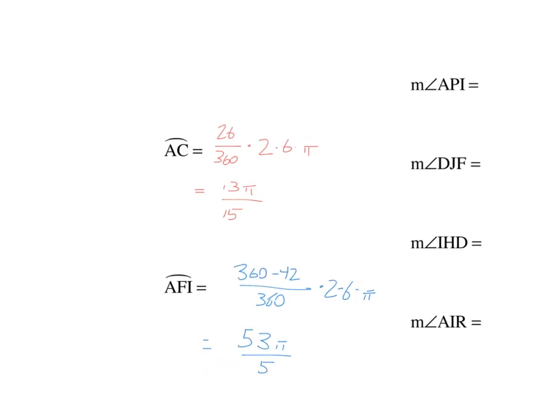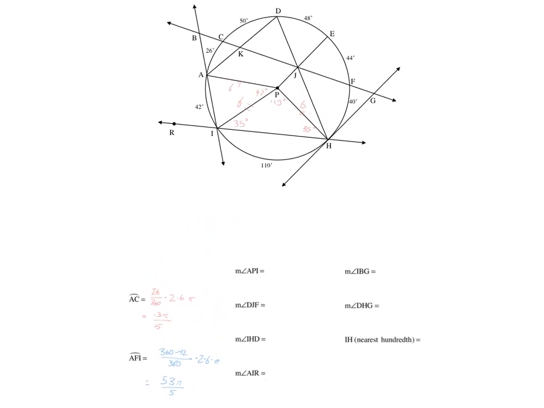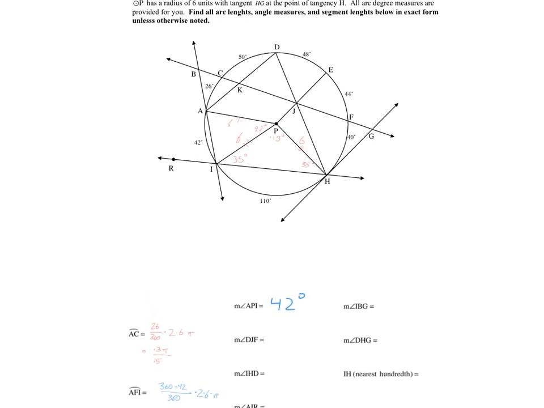Now, zooming out again, taking a look at the angles, we have API. We talked about that one already. Since it's a central angle, it intercepts this 42 degree measure arc, so the central angle would also be 42 degrees. Okay, DJF. First the challenge is finding these things. Holy cow, they're all over the place.